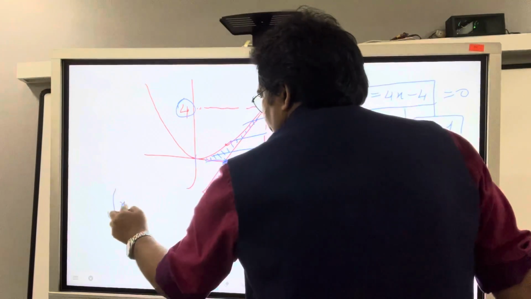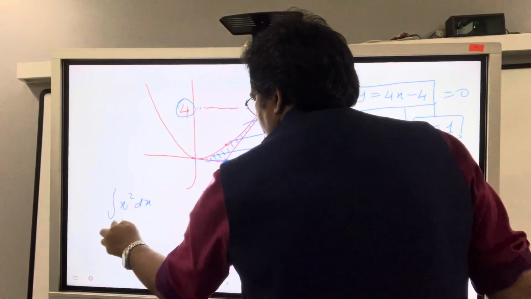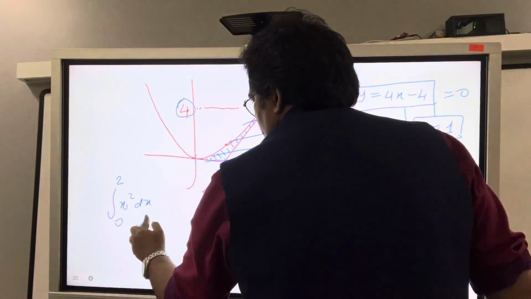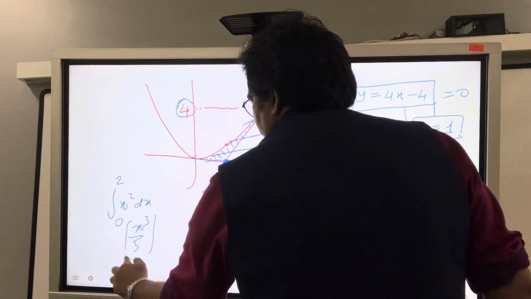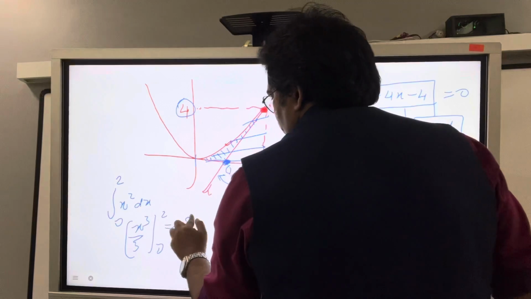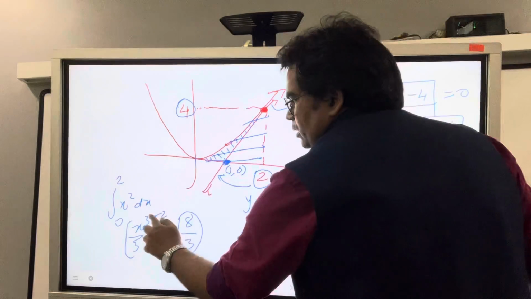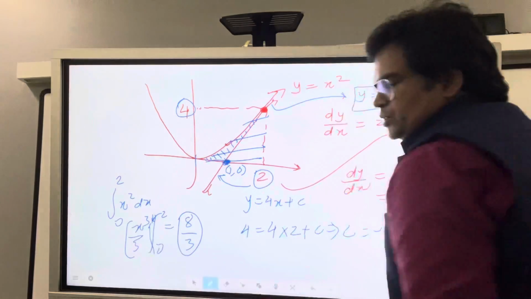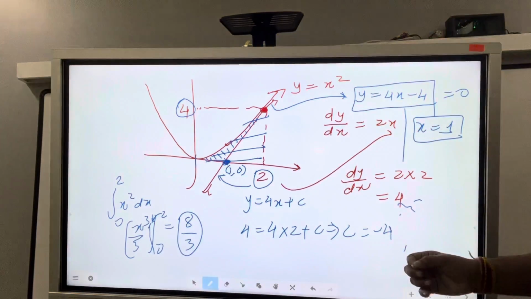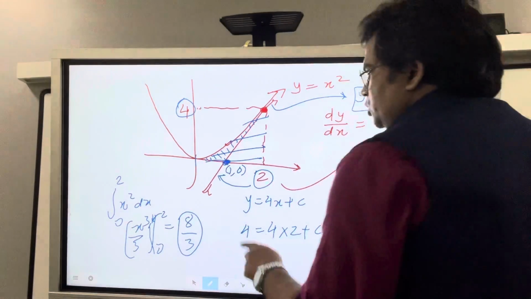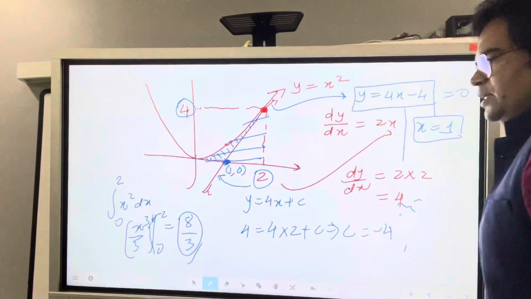So you integrate x squared from 0 to 2, so you get x cubed over 3. Put in the limits 0 and 2, so you get 8 over 3 as the area. If you plug x as 0, that answer is 0 anyway. So the answer that we get is 8 over 3 here.